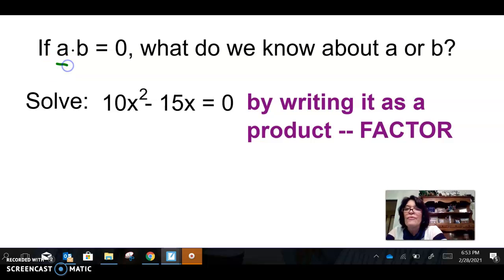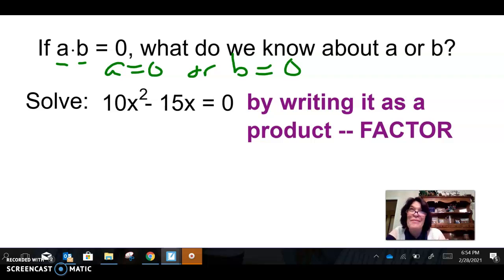Because if I have two factors that multiply up to 0, a times b equals 0, what do I know about either a or b or both? A has to equal 0, or b has to equal 0, or maybe they're both 0. But one of them's got to be 0.